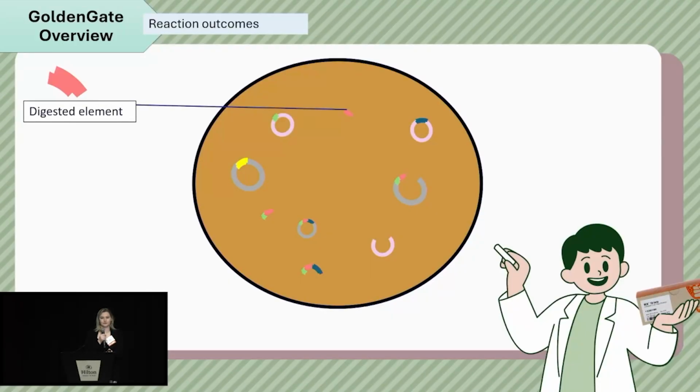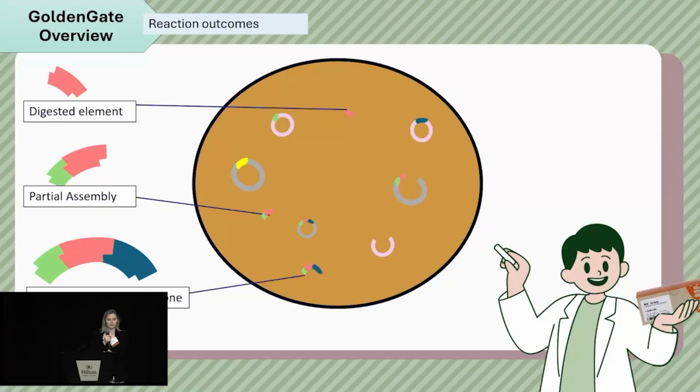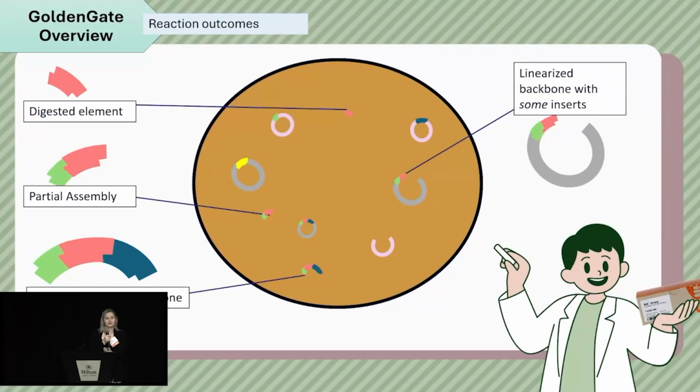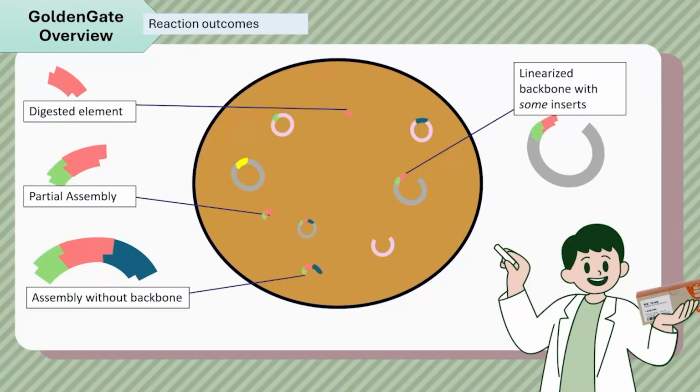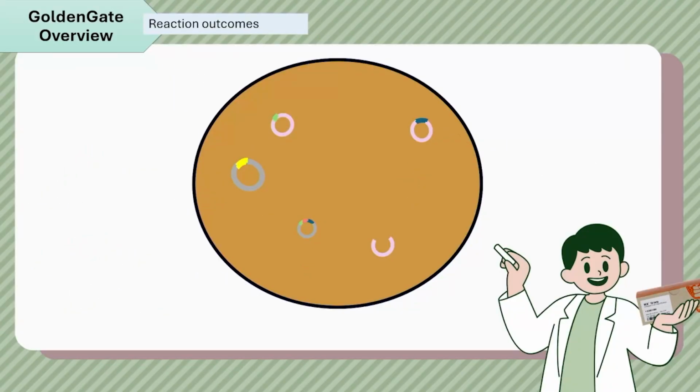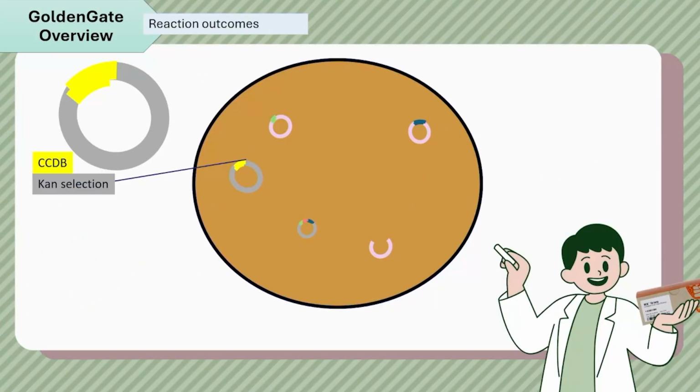So sometimes you'll find just a partially digested element or a partial assembly without a backbone, or a linearized backbone with some of the inserts. Now, none of these have an intact ORI, so they won't be replicated by E. coli, but if you're unlucky when you're screening, you might think that you have a positive colony when you don't. So let's do away with those for now and look at some of the other options.